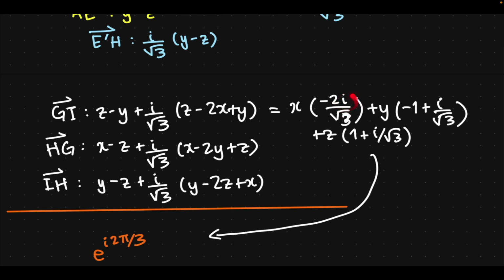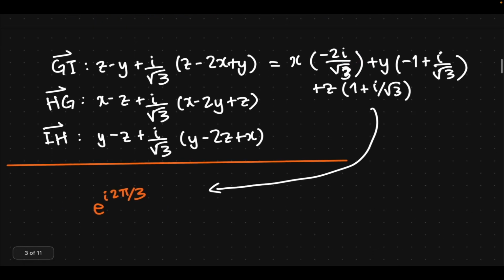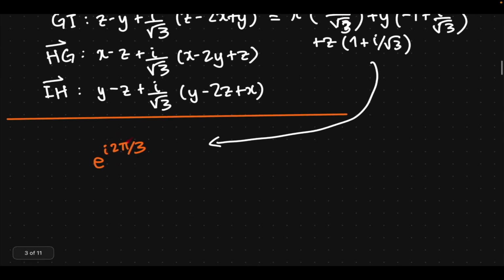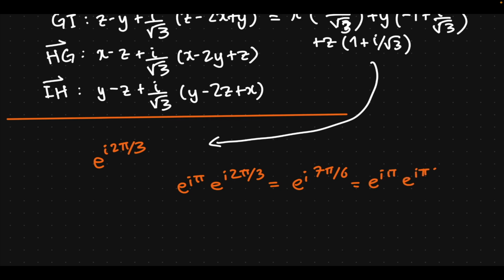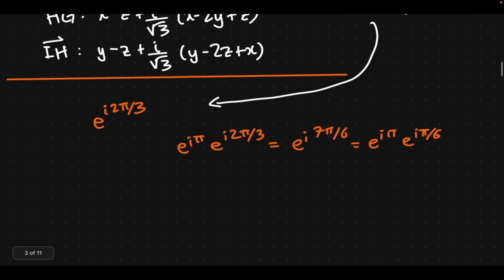The x has an i here, and i is actually e to the i pi, and then if we multiply by this additional phase, we do the quick algebra, taking a common denominator, we get e to the i 7 pi over 6, which is e to the i pi and e to the i pi over 6, which is a 30-degree rotation and multiplication by an i.